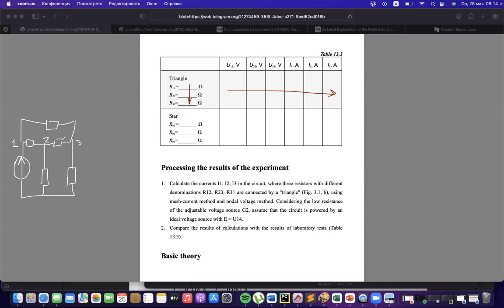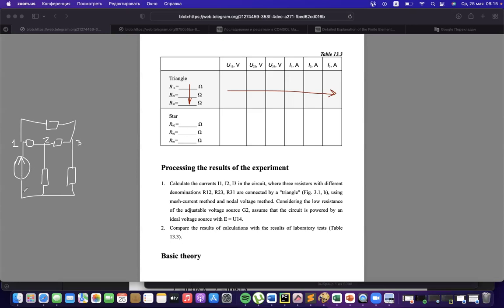Resistors between these points. Then you start from this circle, for example, using the mesh current method or just straight Kirchhoff's law, calculating all currents.